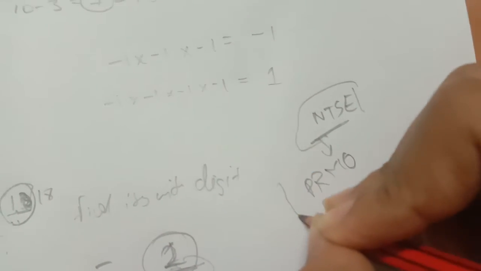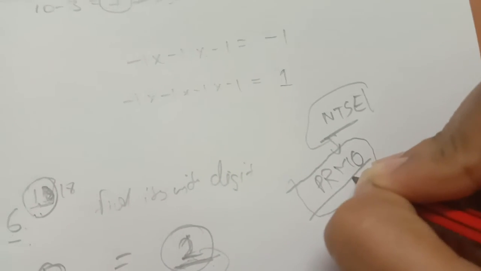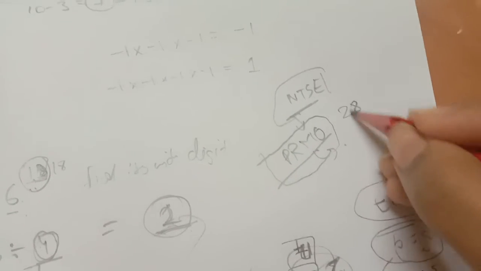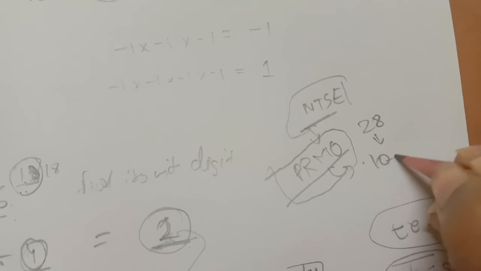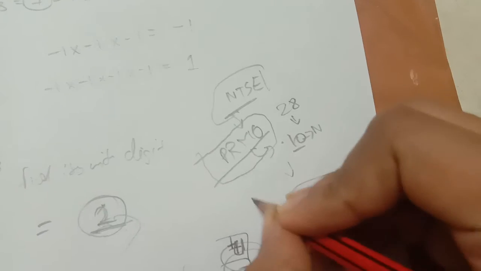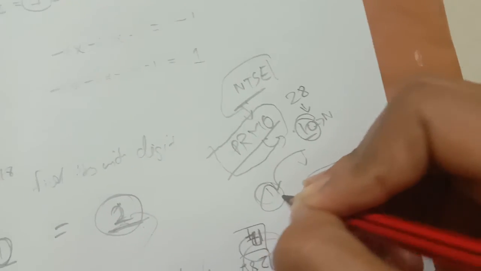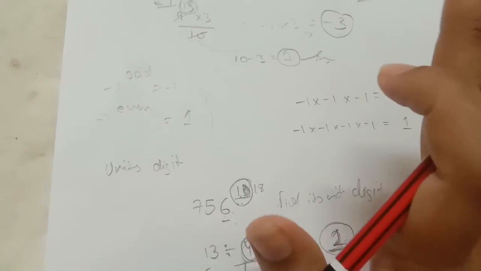I'll upload other videos with many shortcuts for PRMO, because in PRMO, out of about 28 questions, you get almost 10 from number theory, and the cutoff is about 11. So if you get those 10 questions right, you can cover the rest with some others, and your selection will be guaranteed. I feel everyone should learn some shortcuts, and I'll upload other videos to help you. Thank you.